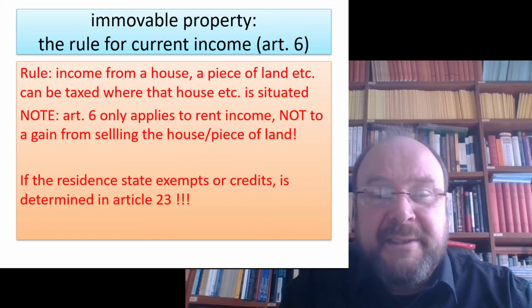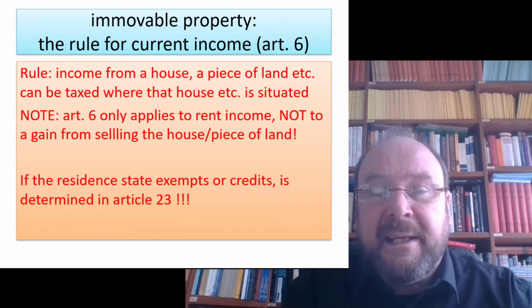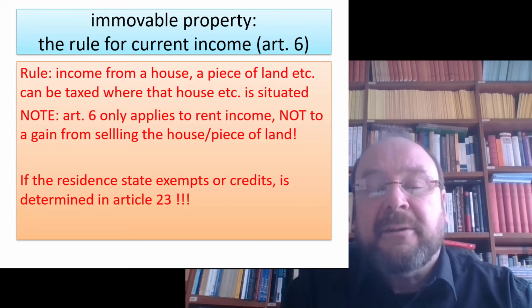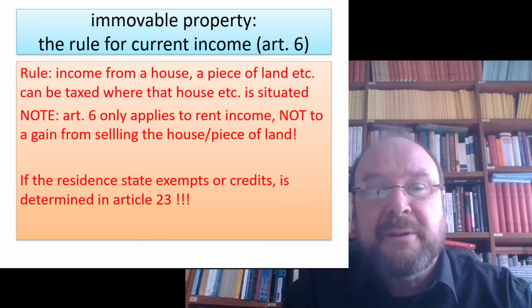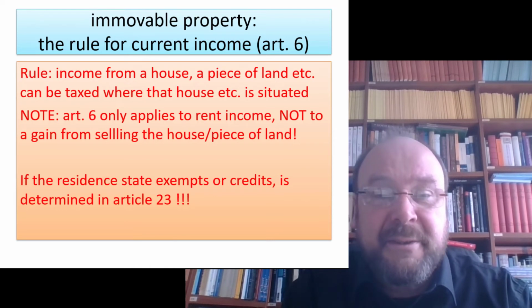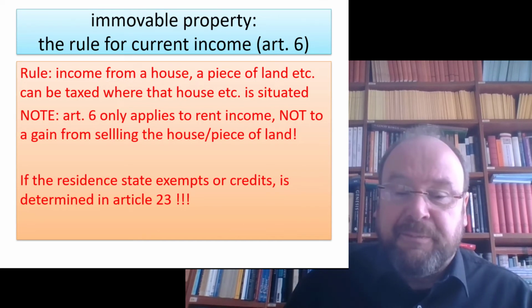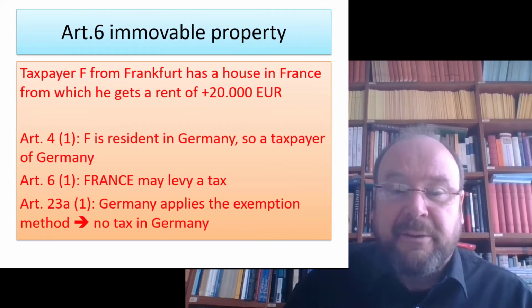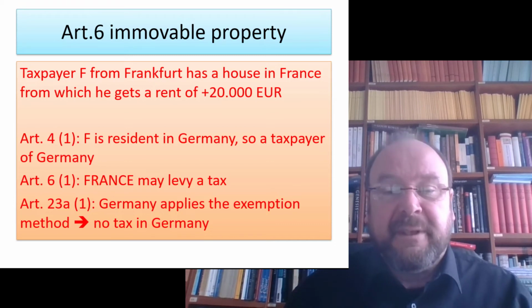So Article 6 also refers to farming property. And as a consequence of this, also selling a farm or selling a forest or so would be treated under Article 13.1 and 13.4.